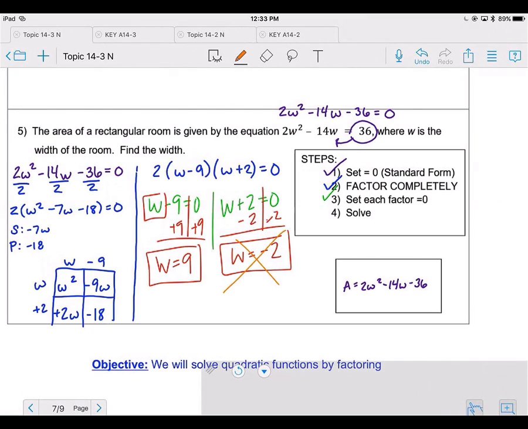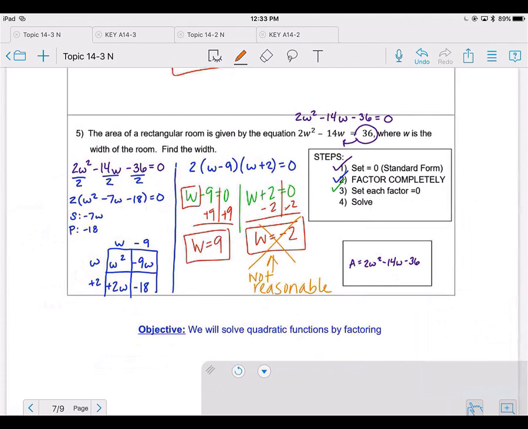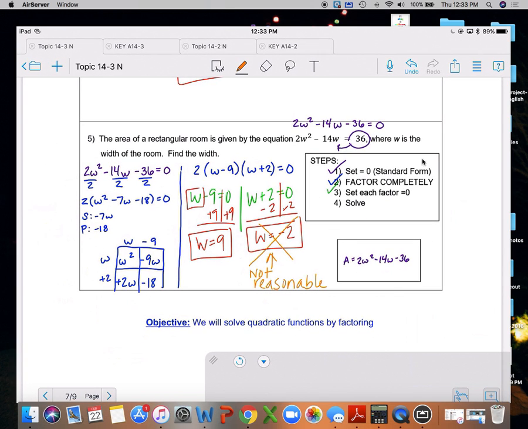I cannot use the negative 2 because this is not reasonable. You cannot have a negative measurement. So on real world problems and real world problems only, like area of a room, we're talking a real world situation. If you have a negative answer, you have to cross it out because you cannot have a negative width reasonably in the real world.